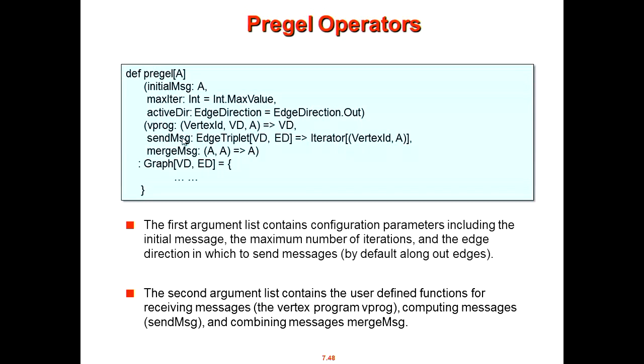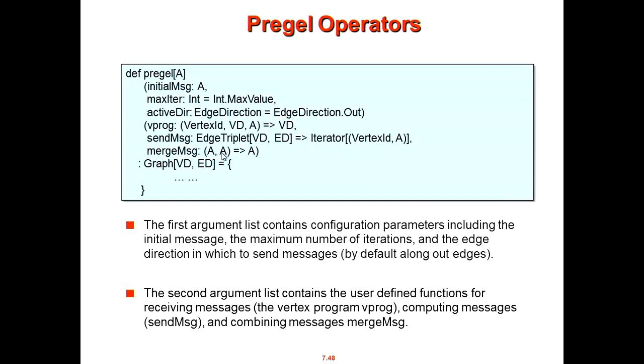So this is for the first one, receiving messages. And send messages is the second parameter. You also need to give another function called send messages. You need to tell GraphX how my node will send out the messages to its neighbors. And by default, it's based on the edge direction, the outgoing neighbors.